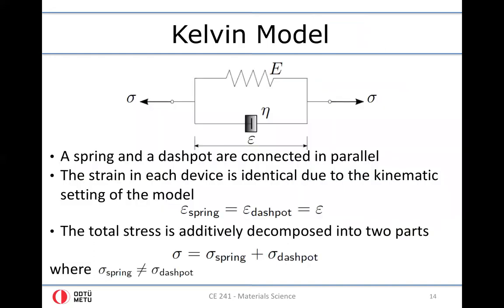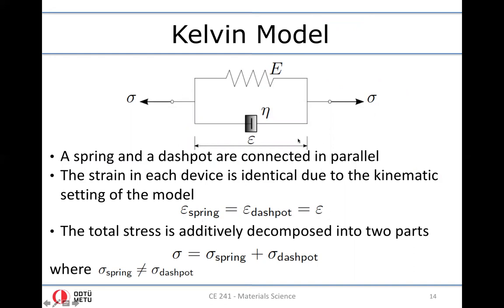Okay, second model we will consider is the Kelvin model. In the Kelvin model, we have a spring and the dashpot that are connected in parallel. Therefore, the strain in the spring and the strain in the dashpot must be the same. That is the constraint.